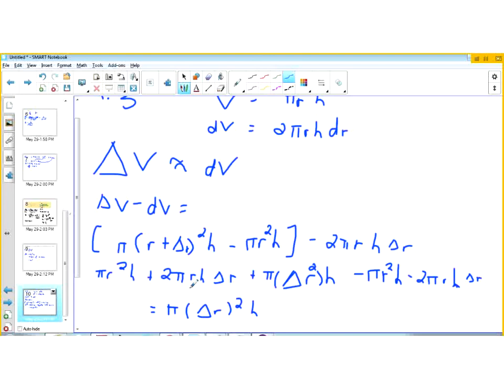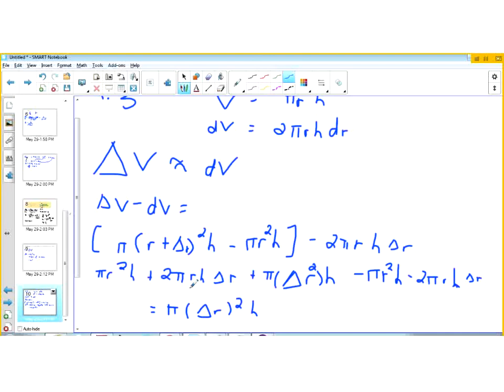And so this quantity that we just calculated would be basically the error in the actual volume when you have an error in the measurement of the radius.